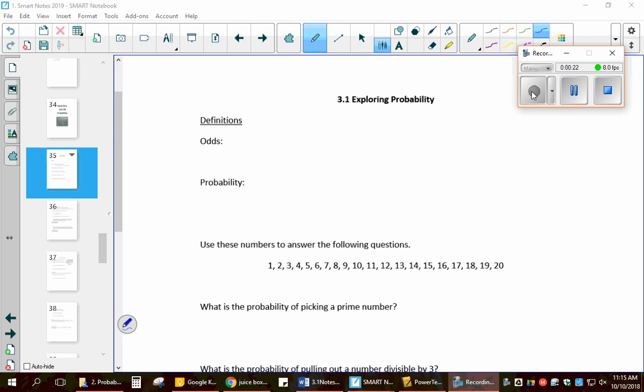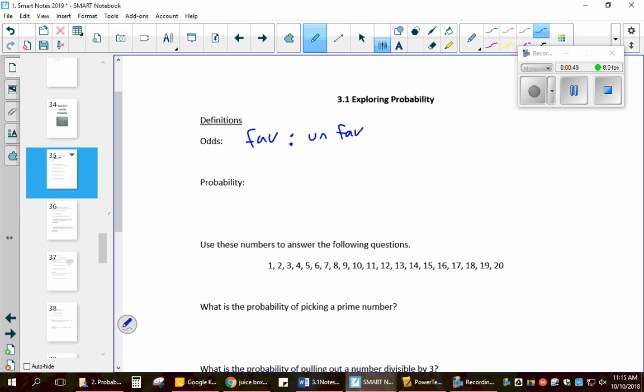So the odds, I'm just going to make this as simple as possible. Odds are usually separated with a colon: some number to some other number, favorable to unfavorable. I'm just going to leave it like that, because you can get a really big definition if you want, but I think it confuses things.